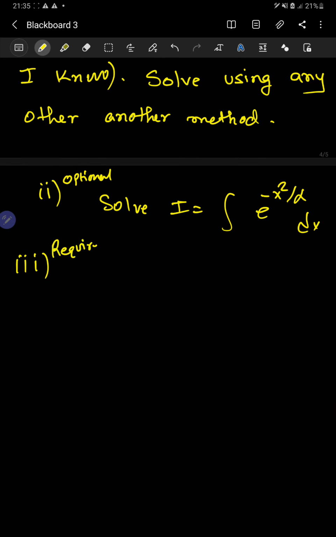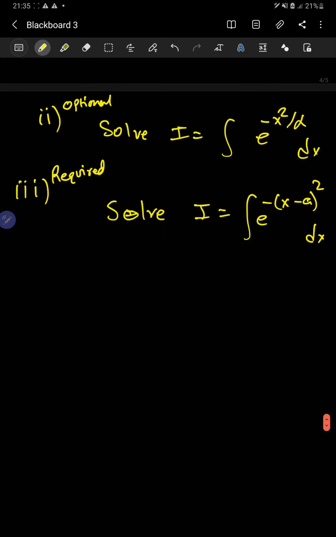The third one, solve I equals the integral of e to the minus alpha times x minus a squared dx. A challenge would be to solve this, and I think it's very easy for you. If you try, you can do that. It's another problem. Let's say solve. It's a required problem.